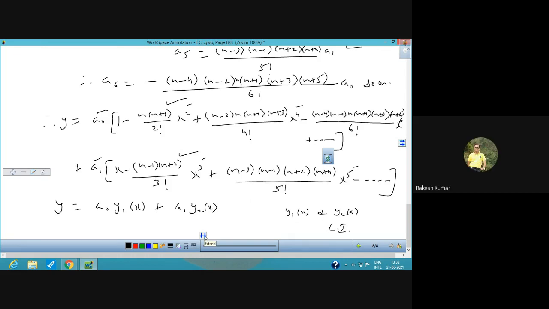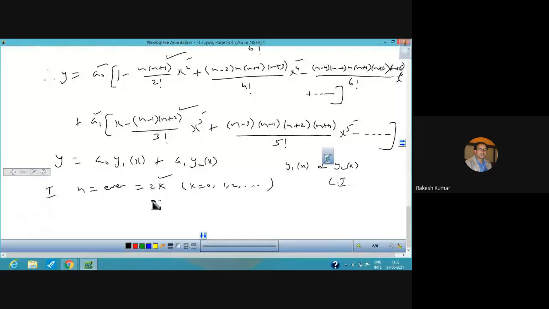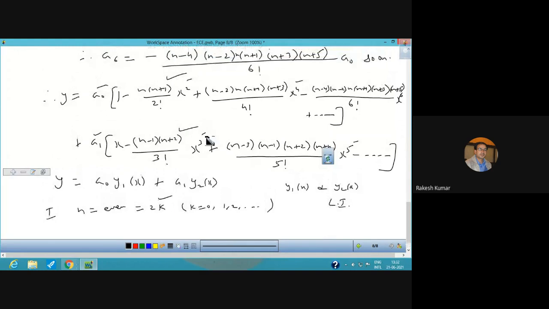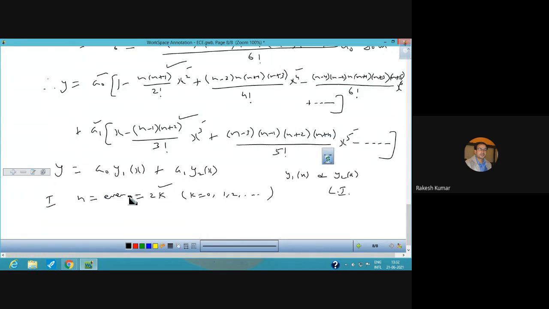So the question is, in this case, अगर n even है तो y1(x) जो फर्स्ट ब्रैकेट है will terminate, y1(x) will terminate at the term x raised to power 2k, because x power 2, x power 4, x power 6 और last में x power 2k तक terminate हो जाएगा, which means that it is a polynomial of degree 2k, and 2k is equal to n.